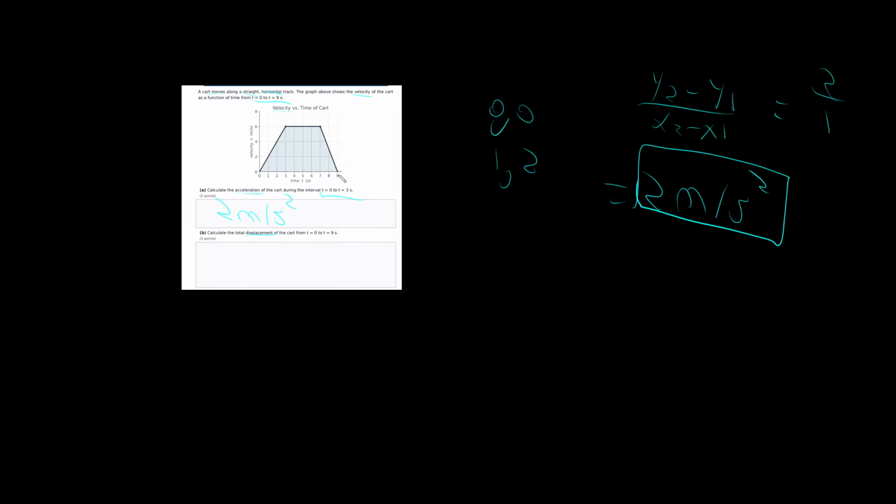And over here, we can see that this is 3 shapes that we can easily calculate. So we have this triangle with base 3 and height 6, this rectangle with also height 6 and a base of 4, and then this triangle with the base of 2, height 6. The area of a triangle is 1/2 base times height.